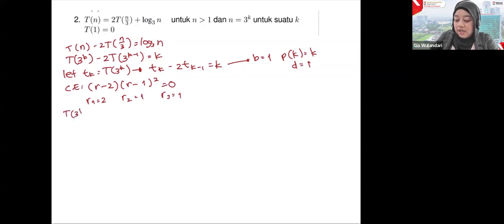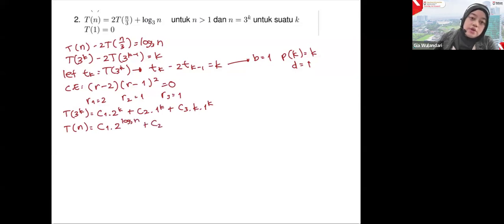So T 3^k will be equal to C1 2^k plus C2 1^k plus C3 k times 1^k. Or if we take it back to Tn, it means we have C1 2 to log 3n plus C2. 1 to k is always 1 anyway, so I can just write it as C2. And here I have C3 log 3n times 1.